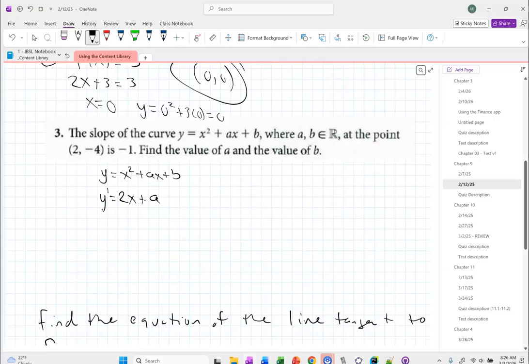Oh yeah. A is a constant, that's a real number. X is the variable, that's the part that you do the derivative on. And the derivative of b then is? B. No, 0. Because b is a constant. Okay. So I know that this piece is telling me that y prime of 2 is equal to -1, right?